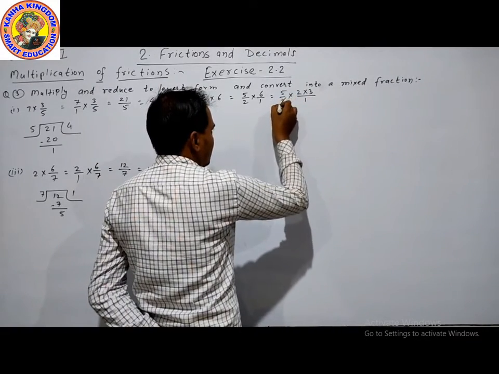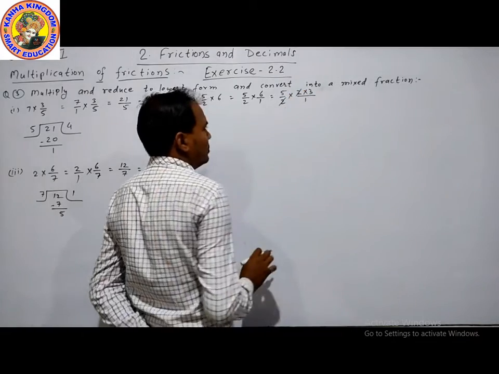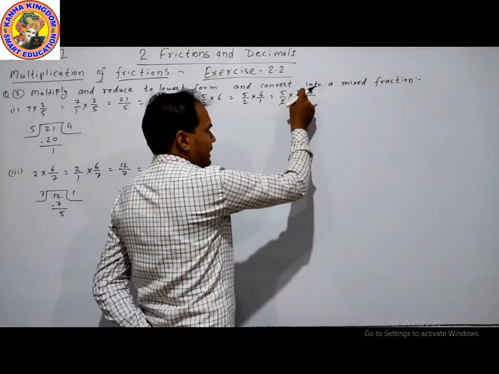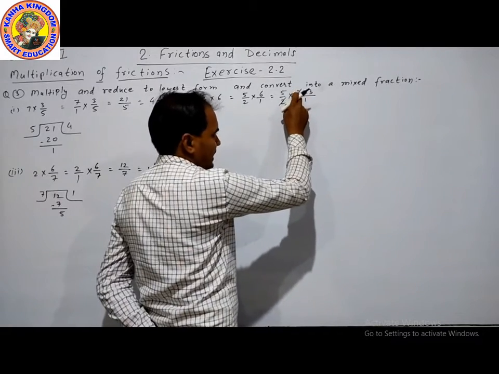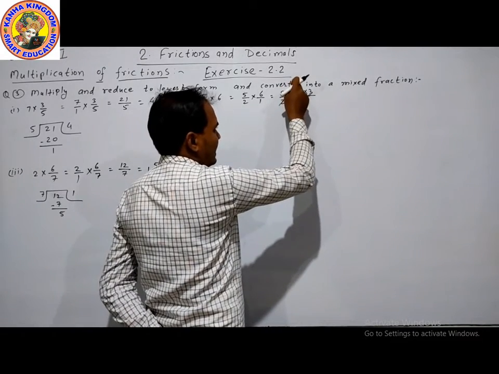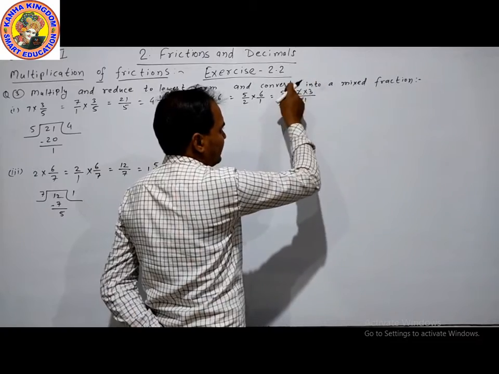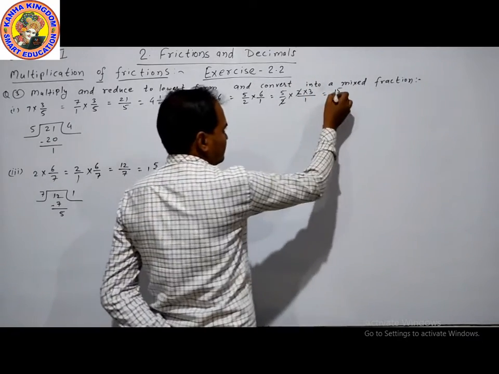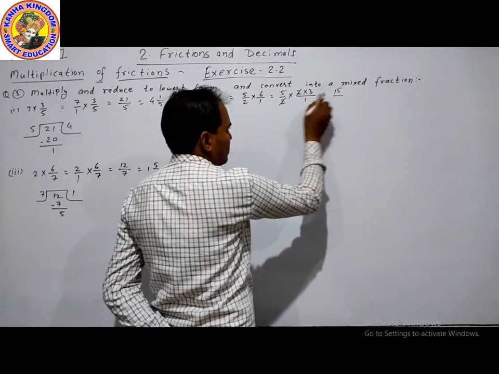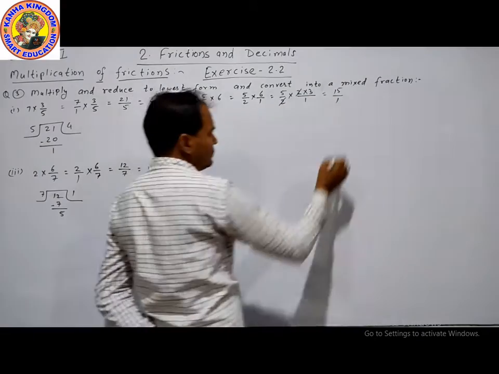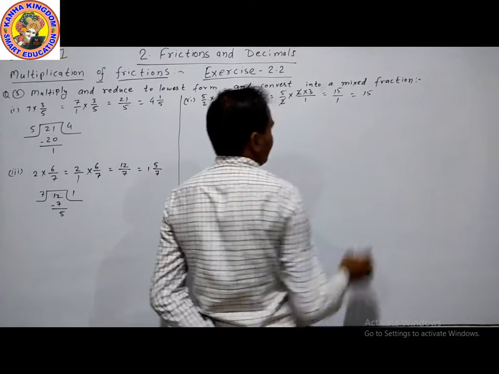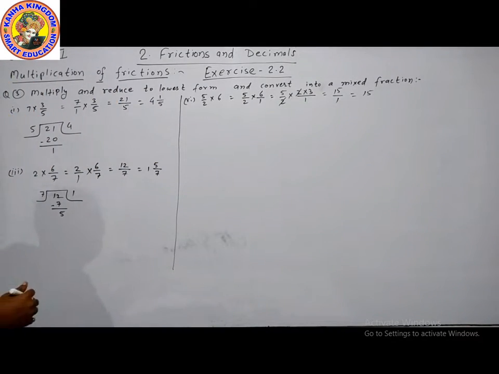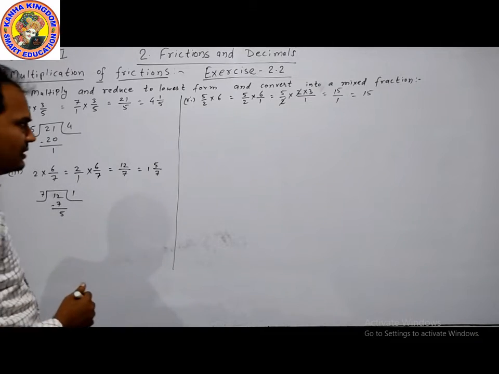Here 2 can divide 2 one time. So 5 into 1 into 3, 5 into 3, is 15 upon 1 into 1, 1. So the final answer is 15. This is an integer, so we cannot write it as a mixed fraction.